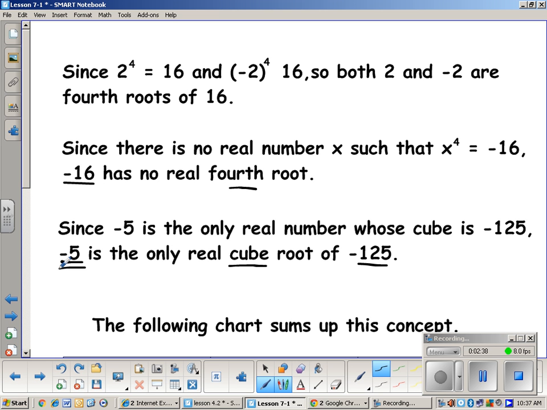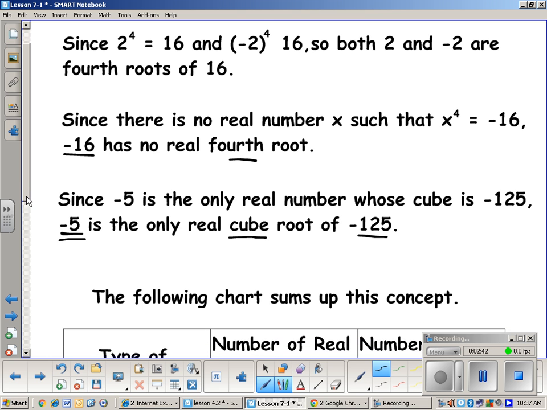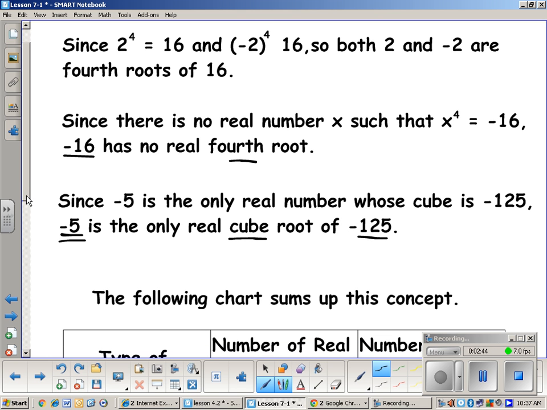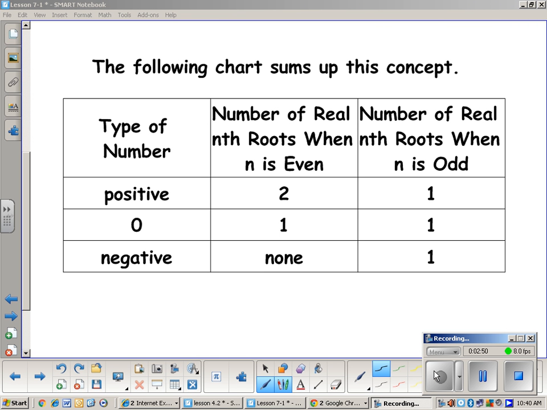Okay? So the following chart sums up this concept. Are we ready for the chart, or are we still copying? The chart lists the type of number: positive number, the number 0, and negative numbers.